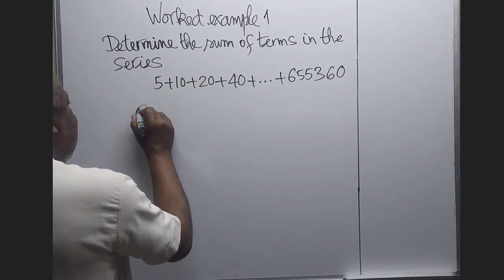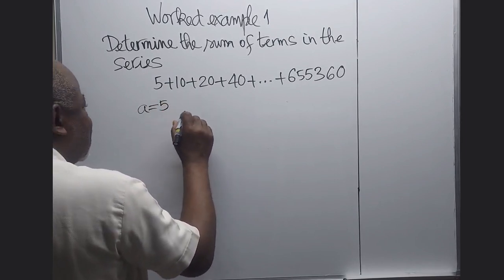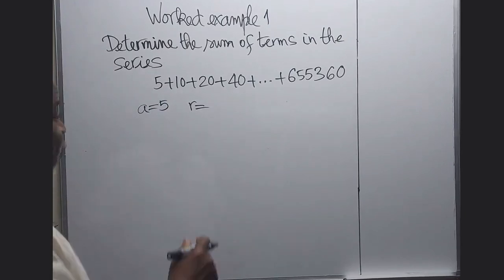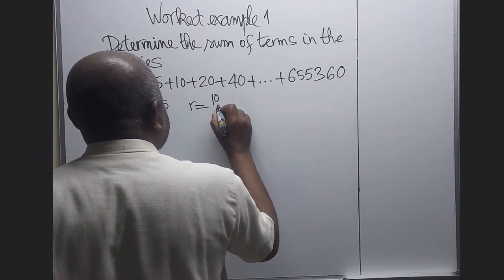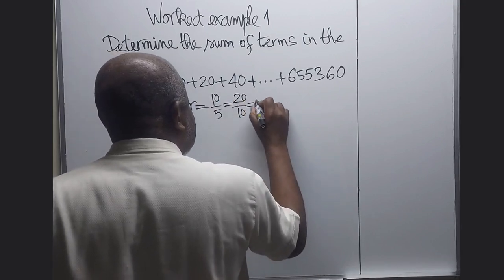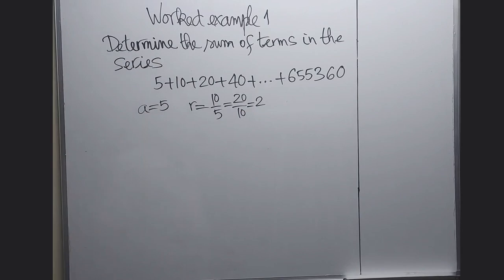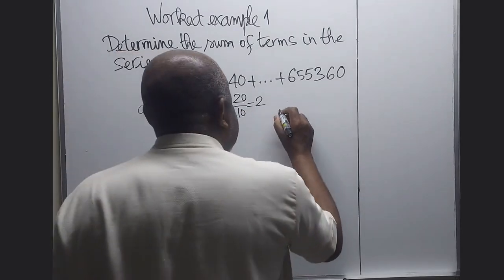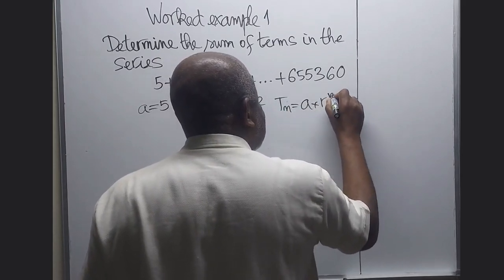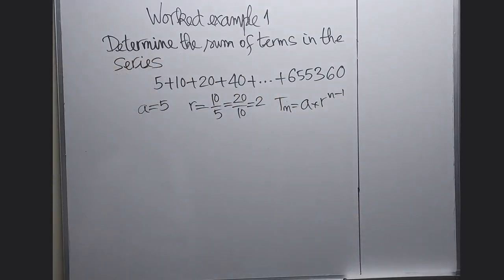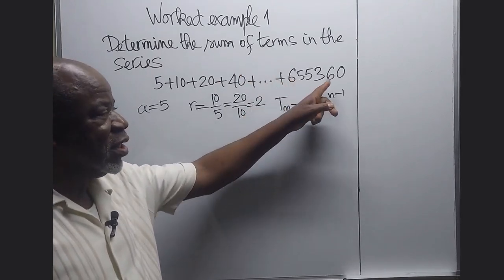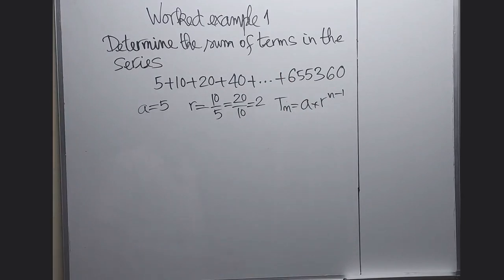As we can see here, our first term is 5, and the common ratio is 10 over 5, which is equal to 20 over 10, and that is equal to 2. Our common ratio is 2. So the formula for the general term Tn is a times r to the power of n minus 1. And our last term is here, 655,360. We want to determine the sum.